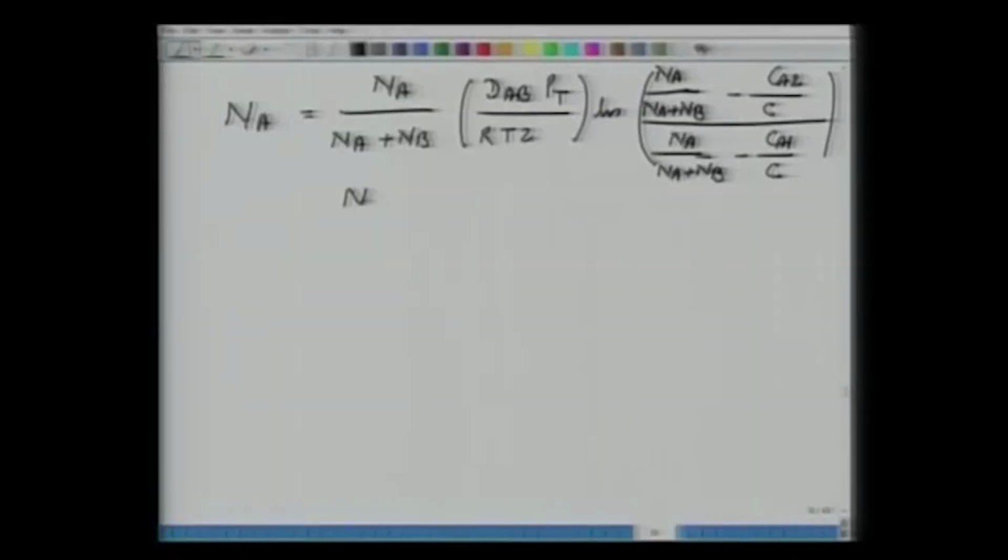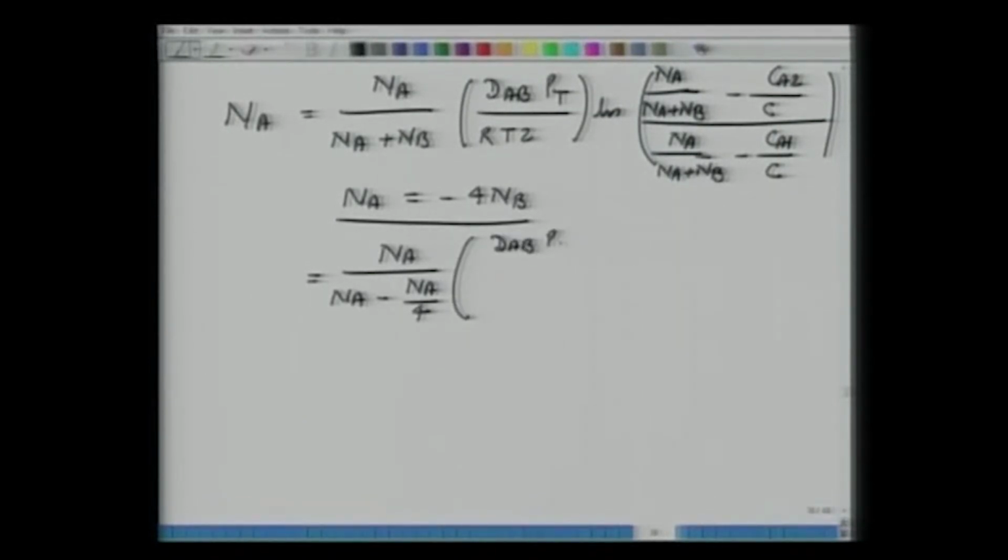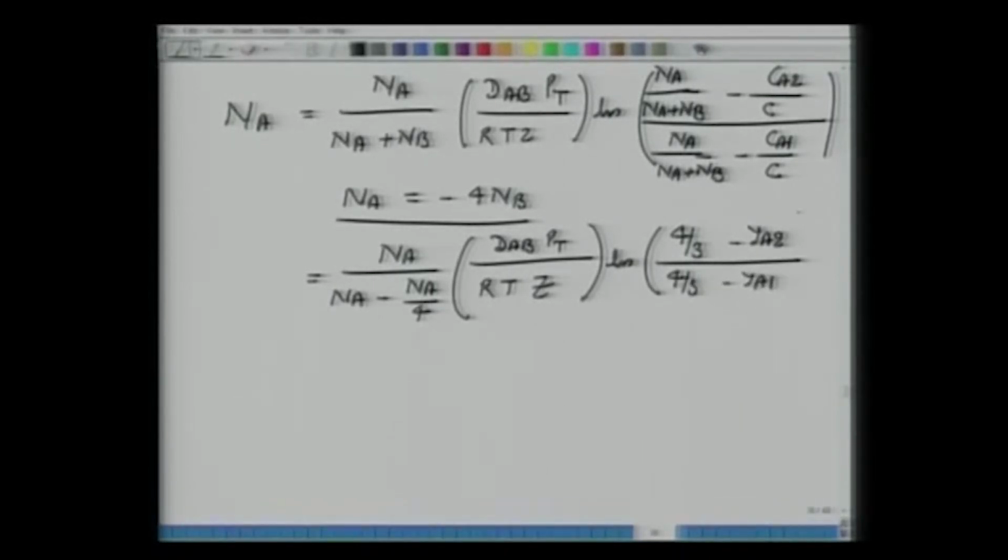Now we can substitute Na equals minus 4 Nb in this integrated equation. Then Na over Na plus Nb becomes Na over Na minus 4 Na by 4, which makes it 4 by 3.